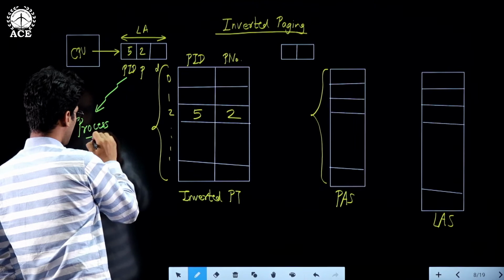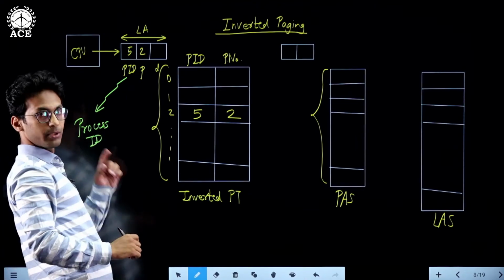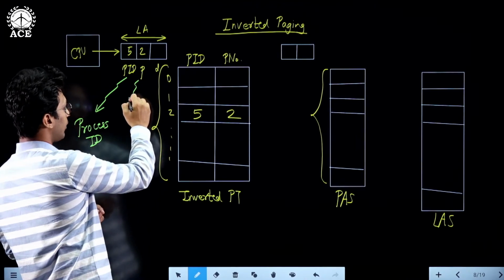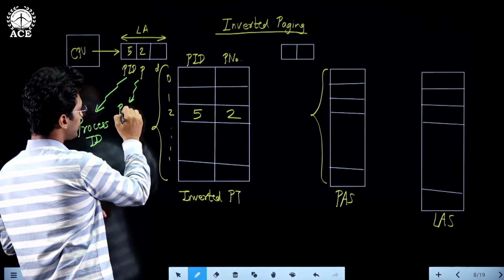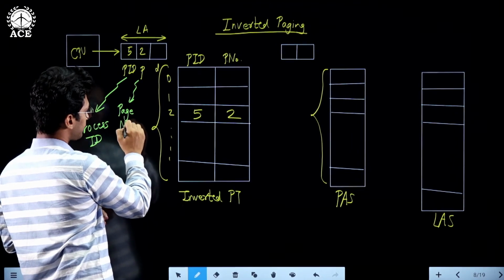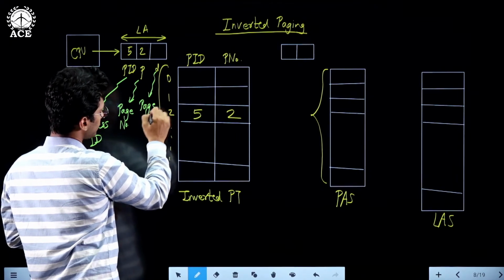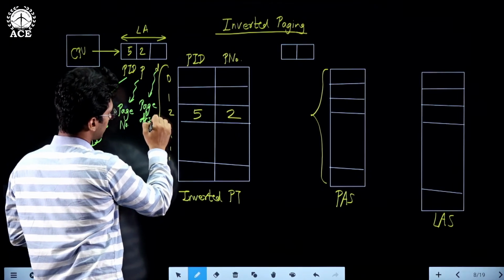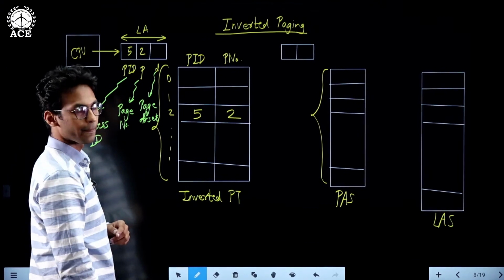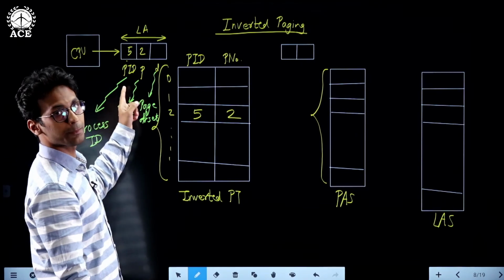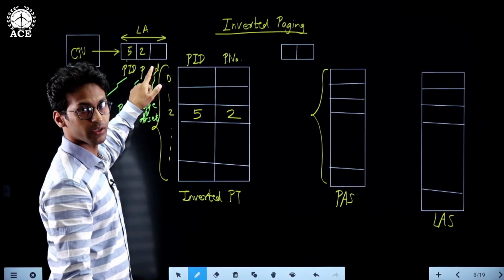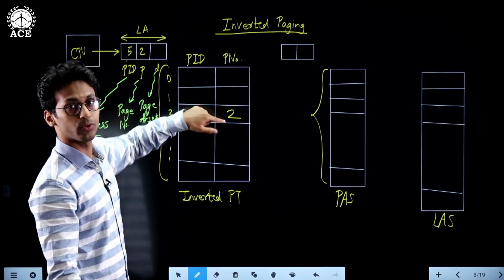Process ID. Are you able to see it? P, what is P? Page number. What is D? Page offset. Done. Which process you want to refer to, within that process which page you want to refer to, and within that page which word you want to refer to.